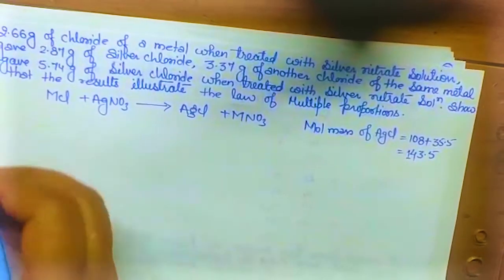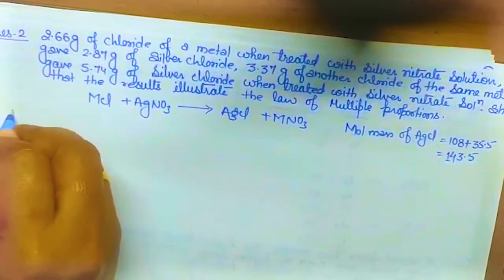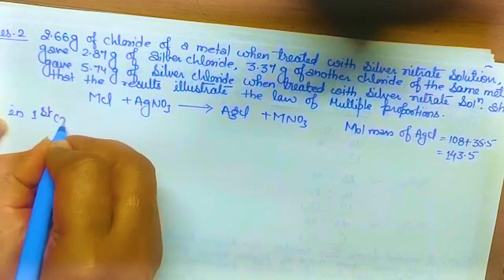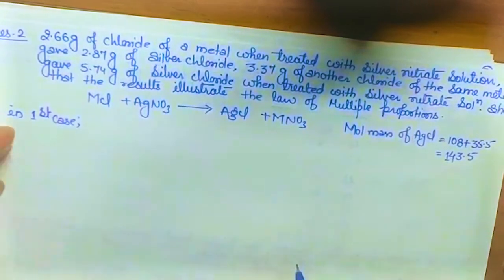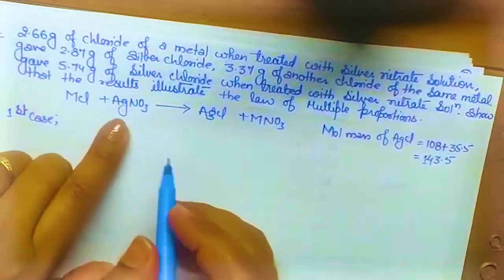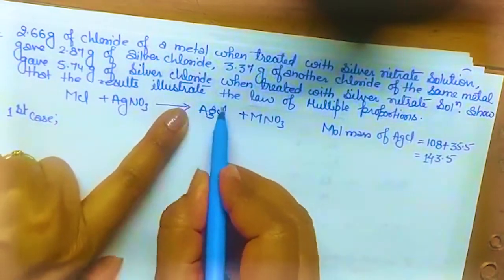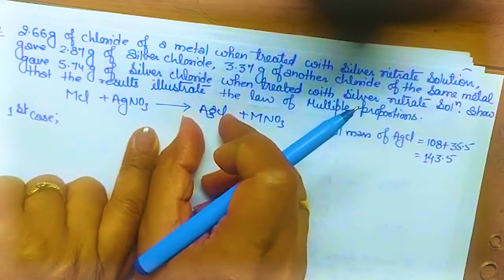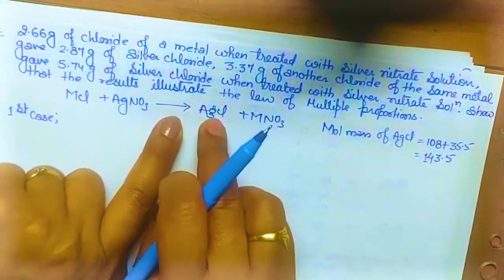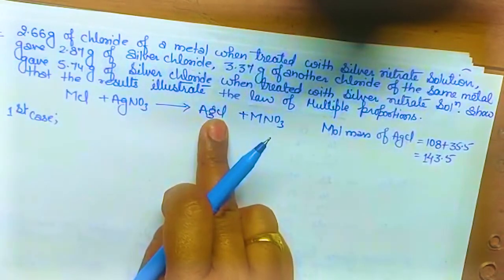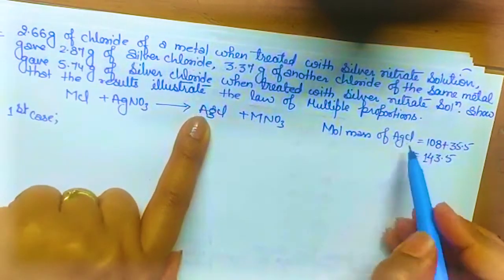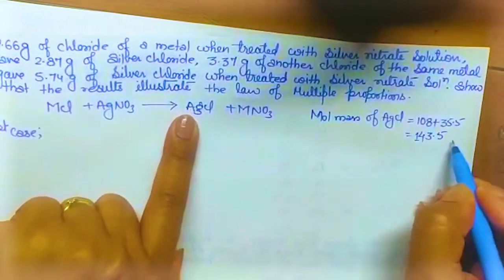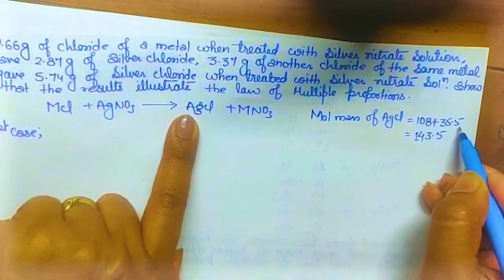So in the first case, we can see that this is 143.5 gram, and that contains 35.5 gram of chlorine.